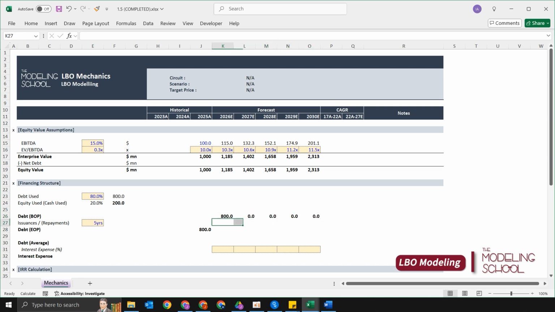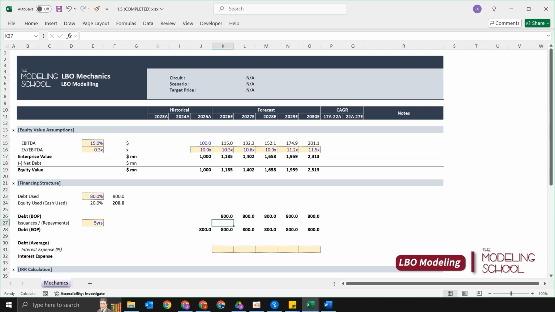Everything's the same as we've done in Financial Modeling 101. Ending debt balance would be beginning balance plus whatever has been issued or repaid. If it was repaid, it would be a negative sign, so automatically we reach ending balances.